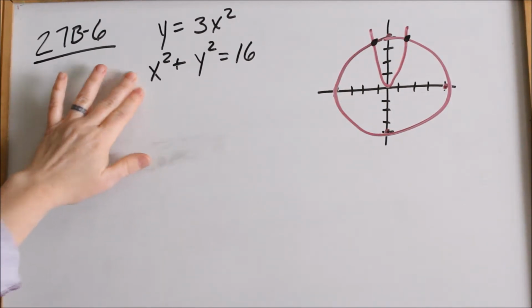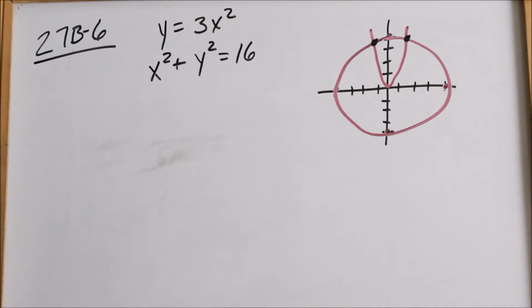So now we go back to the equation. You can either use substitution or elimination. Well, if I use substitution either way, I'm going to get an x to the 4th or y to the 4th. You don't ever want exponents up to the 4th power. We haven't solved equations to the 4th power. So if you do substitution and you get something to the 4th power, you need to do elimination.